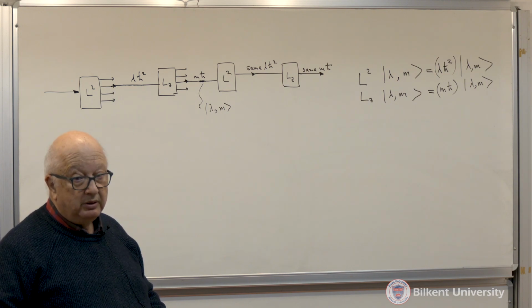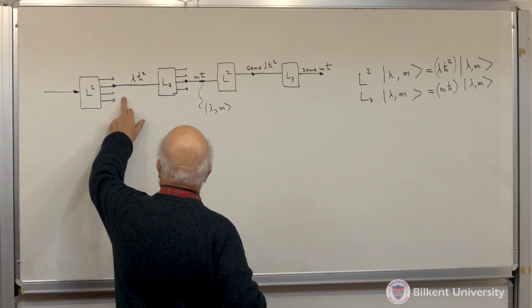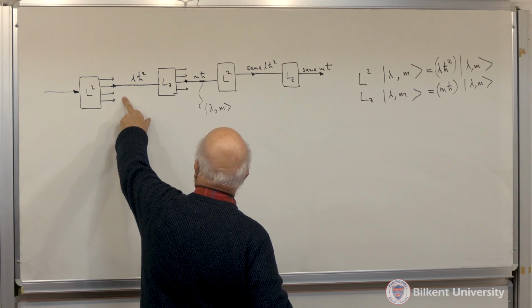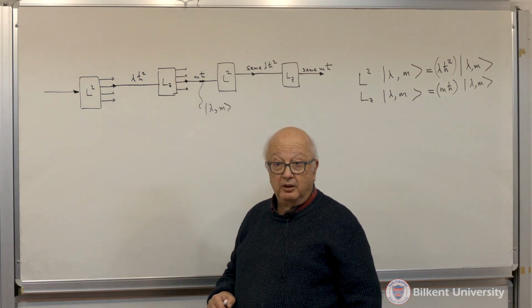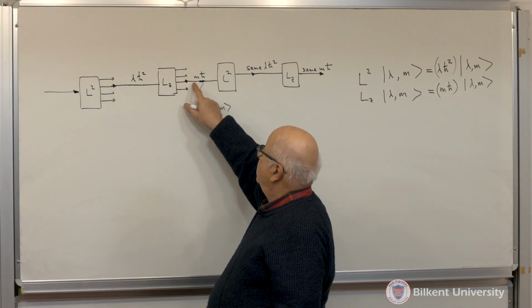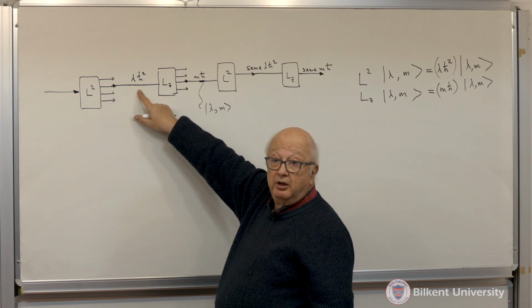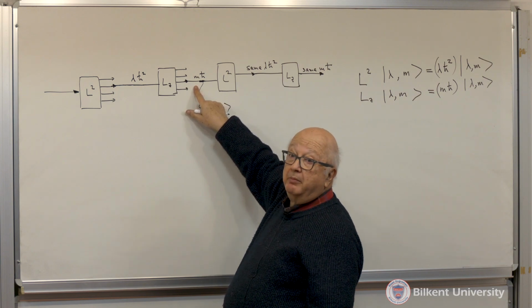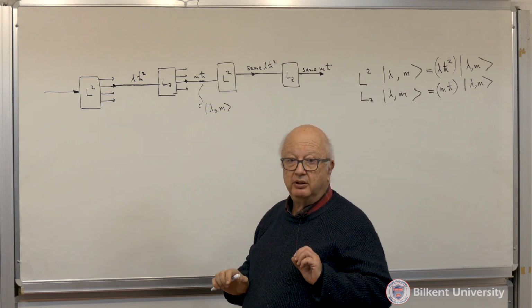Well, we are going to get one of these. I don't know which one, right? So originally, I don't know which m I'm going to get here. I just know the L squared here. But once I also measure m, now I have determined the eigenstate.